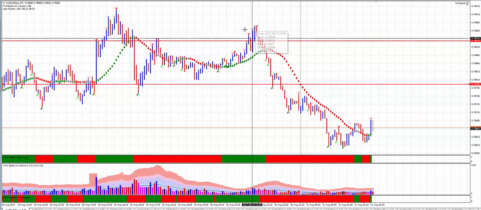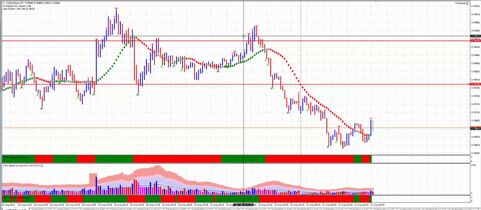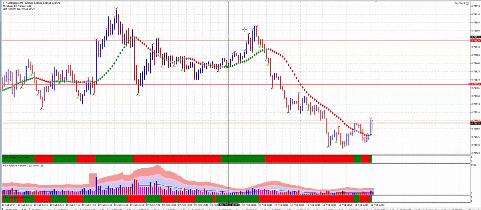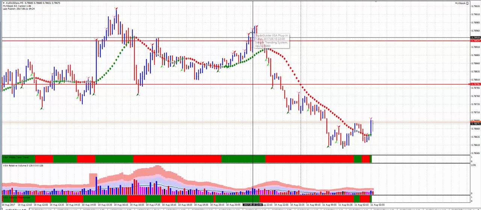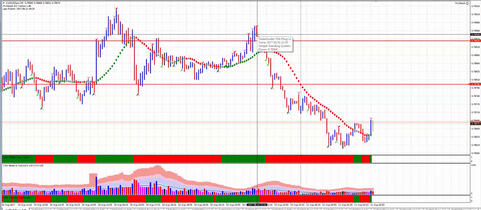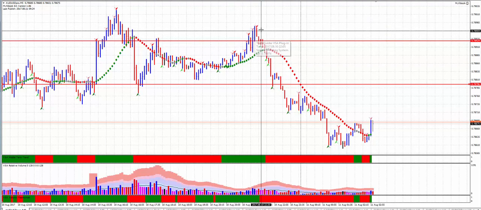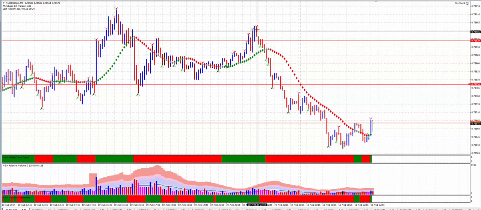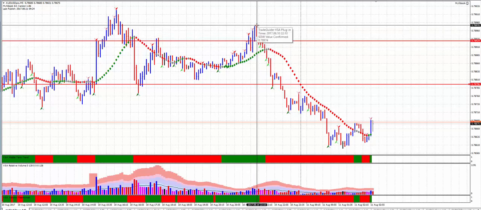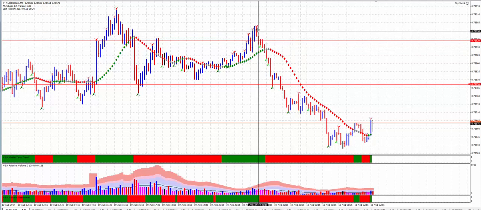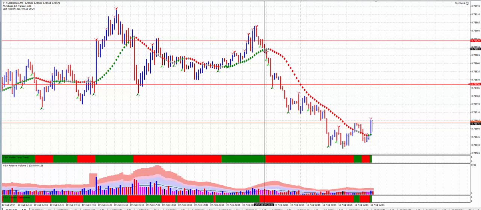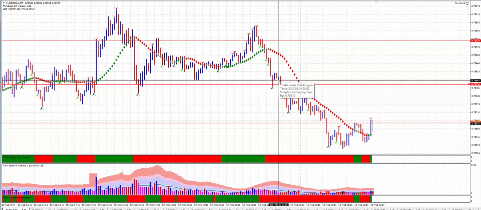Okay, but the buying climax is a clue that higher prices are not likely to occur. Okay, so they basically test these highs here and they start to sell off. Okay, so once we get the buying climax, that was confirmed. This supply coming in, that was confirmed, and we saw price come back down.